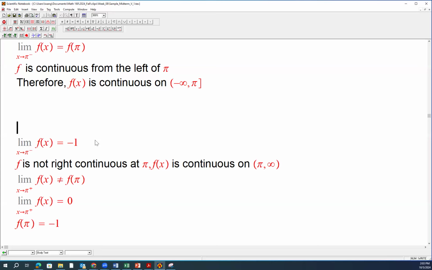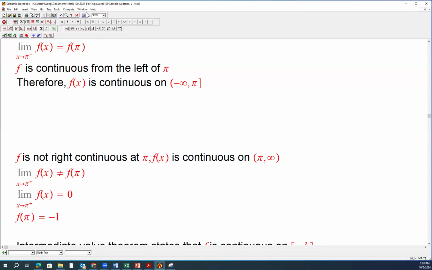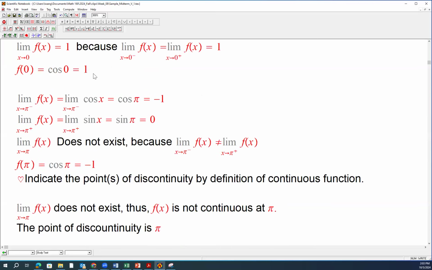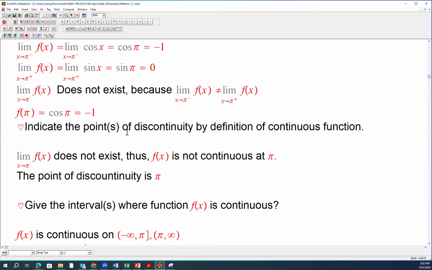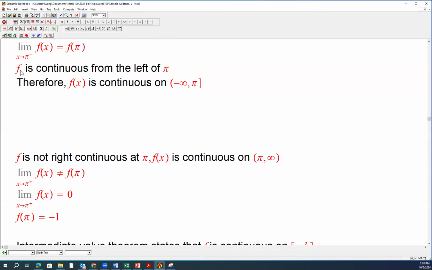Secondly, we just put this one over here because we already know that, right? So you already have those answers up there, so you don't have to put it there.